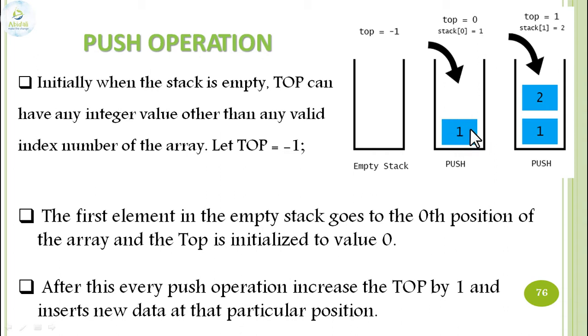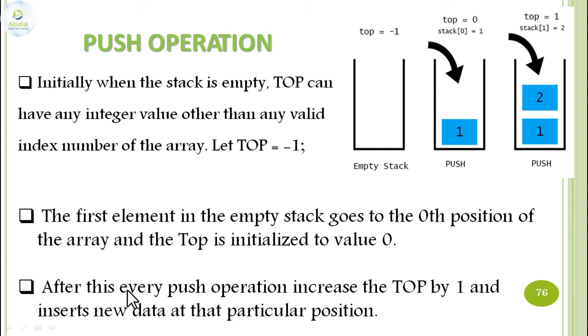I can even say it as stack[top]. Instead of 0 here, I can write top, because the top value is 0. So at the 0th position of the array, top will be set to 0 and the element will be inserted.